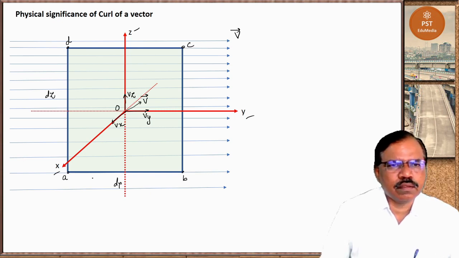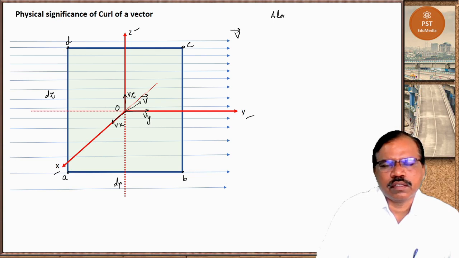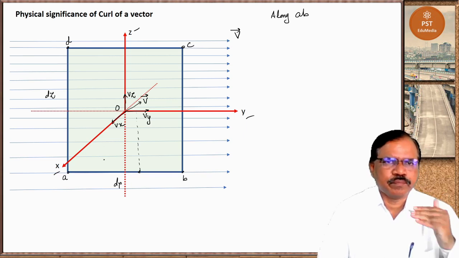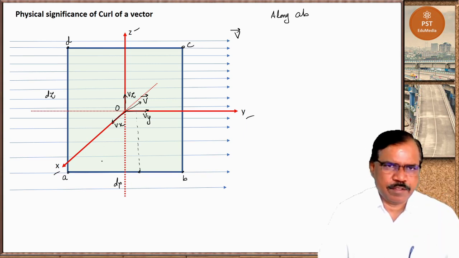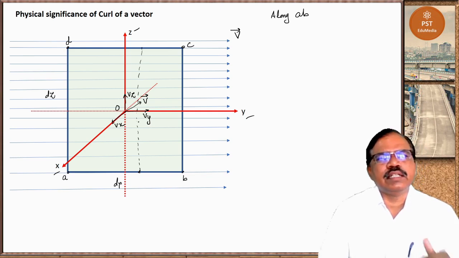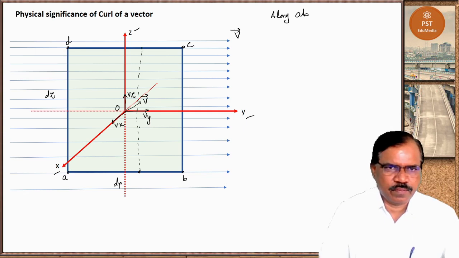So first we will take AB. Now see here, if we go here, you will observe there is a decrease in Vy, and if we go the other way, there is an increase in Vy.